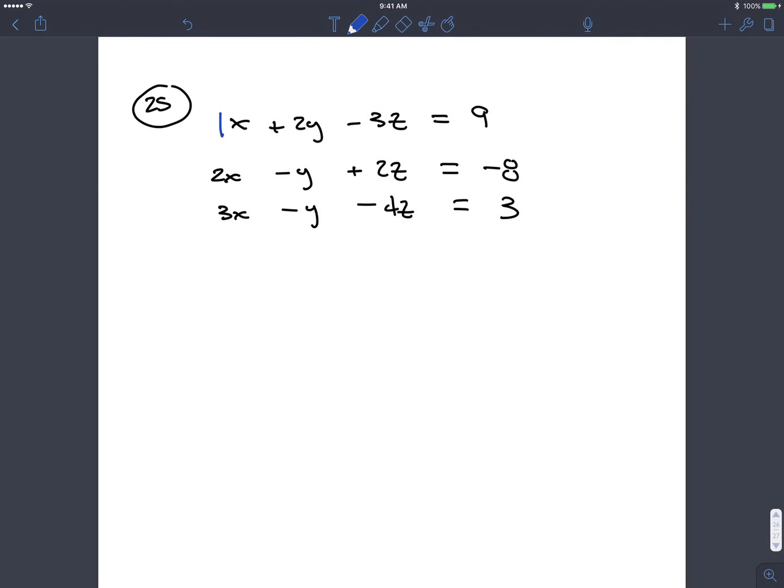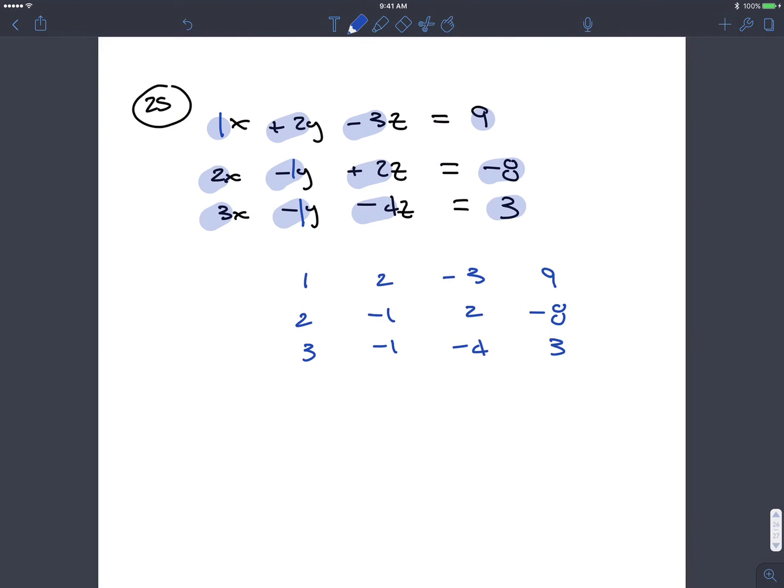Let's consider the coefficients: 1, 2, negative 3, 9; 2, negative 1, 2, negative 8; 3, negative 1, negative 4, and 3. Let's write these coefficients down.